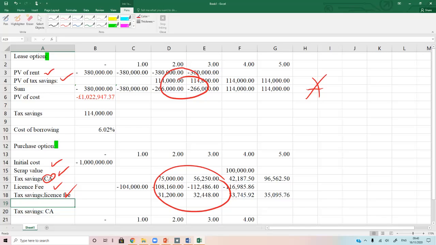Investment cash flow. So that's an investment cash flow. Don't forget that whether you're going to lease the asset or buy the asset, you'll be saving 5.8. It doesn't matter. So if a cash flow appears on both sides, don't forget that's an investment cash flow, not a financing cash flow.